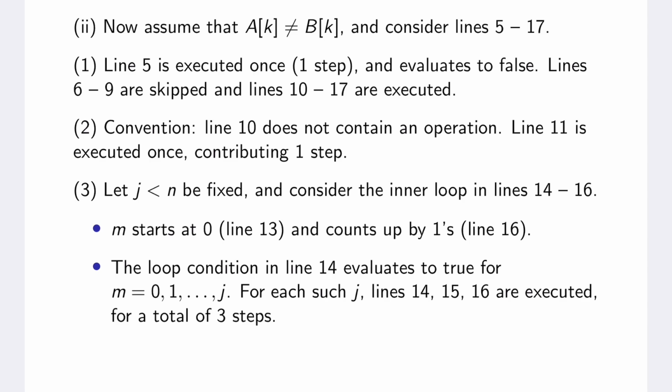We're going to consider next the inner loop in lines 14 to 16. M starts at 0 and counts up by 1. Notice the references to specific lines. That's something that you should definitely replicate in your assignments.